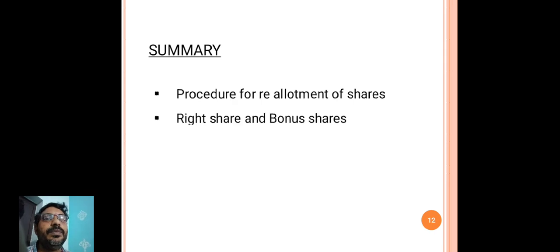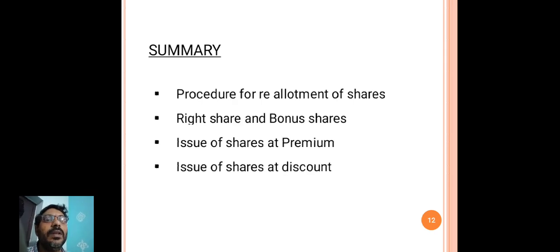In this session, I have clearly explained the procedure for reallotment of shares.